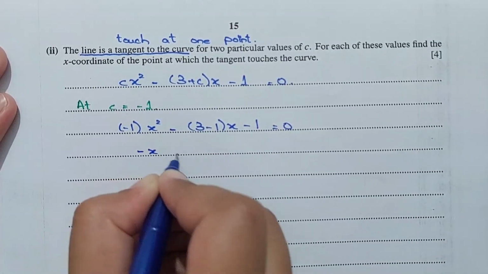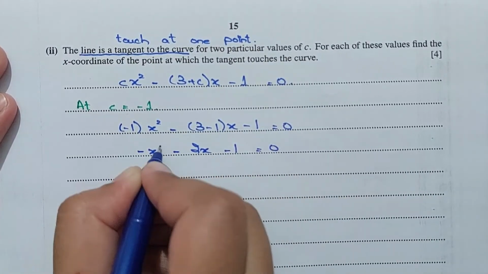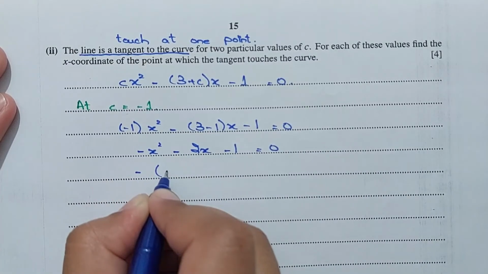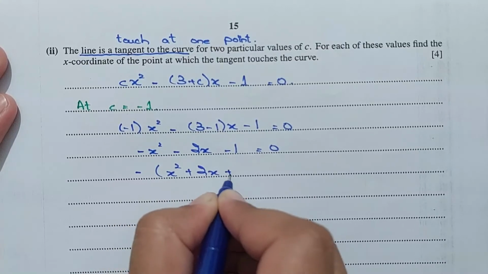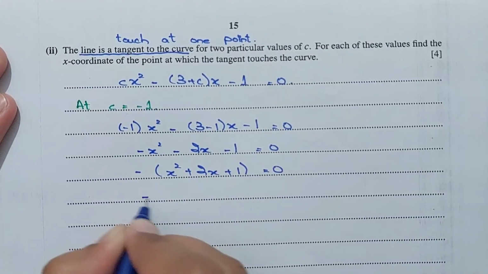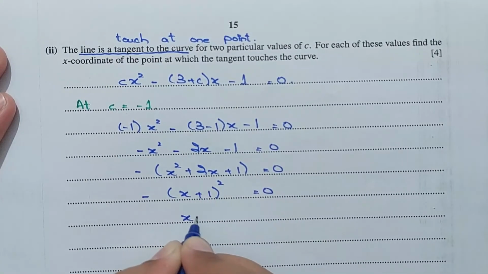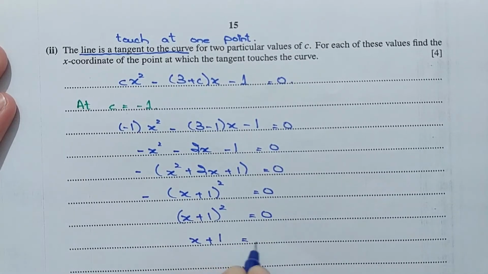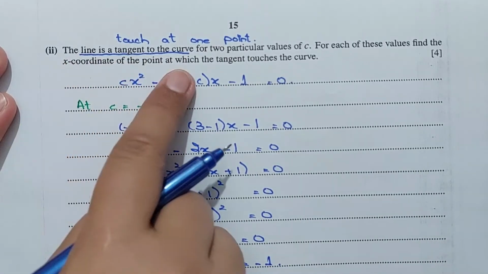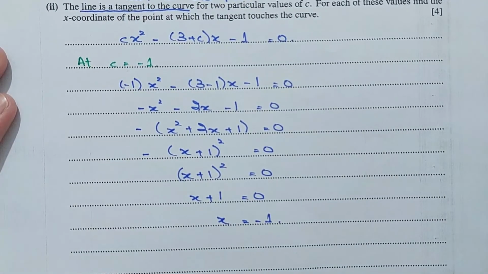So this is minus x square minus 2x minus 1 equals 0. Taking negative sign common, we are left with x square plus 2x plus 1 equals 0, and that is the formula of x plus 1 whole square. We can say x plus 1 whole square equals 0, or x plus 1 equals 0. From here x is equal to -1. This is the x coordinate of the point at which the tangent touches the curve. That is the first x coordinate, right?